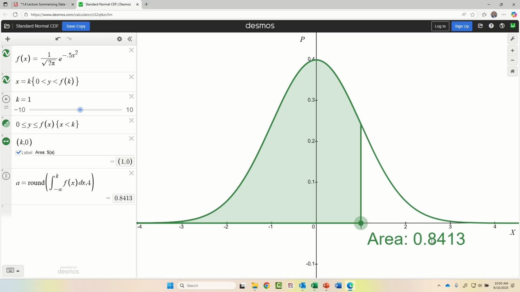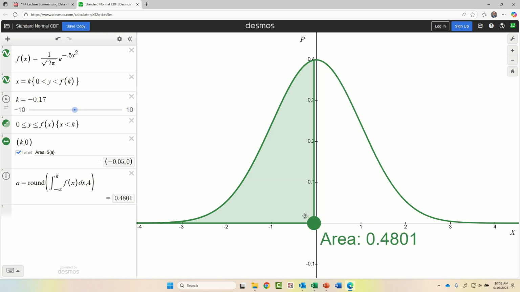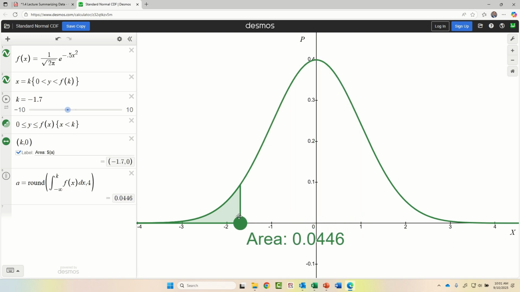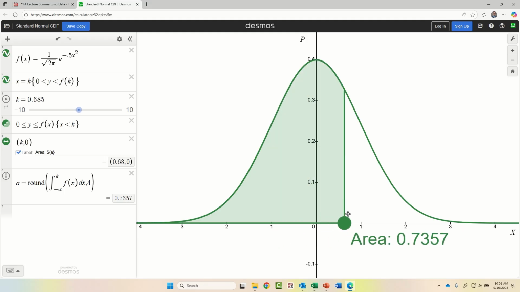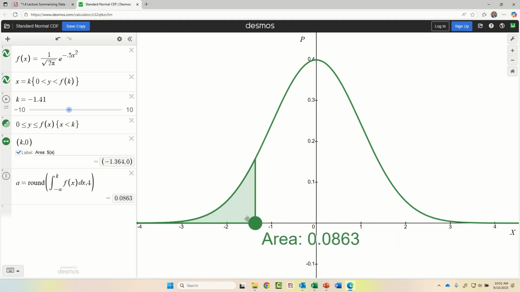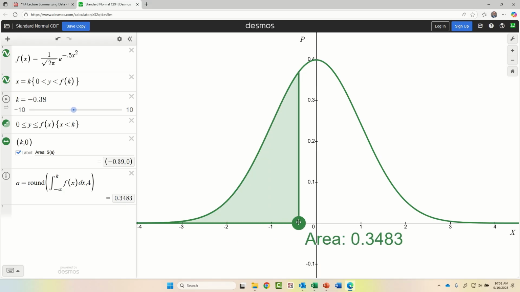And of course, the percentile corresponding to 0.8413 is 84.13%. So the CDF, the cumulative distribution function, tells us about the area underneath the bell curve that's to the left of the point corresponding to your z-score.